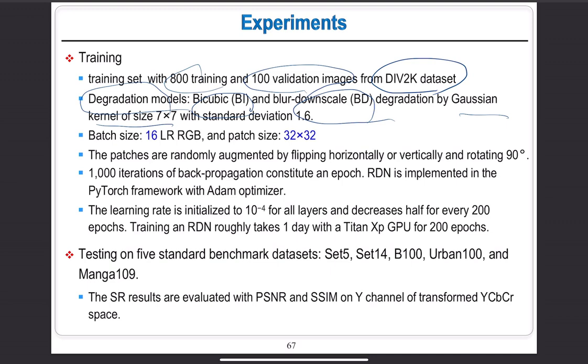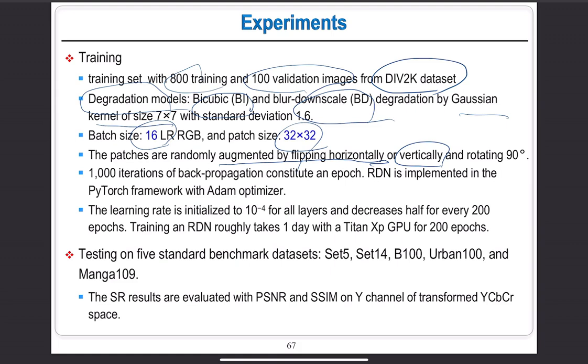And images are augmented by flipping horizontally or vertically and rotating 90 degrees. And the patch size is 32x32.